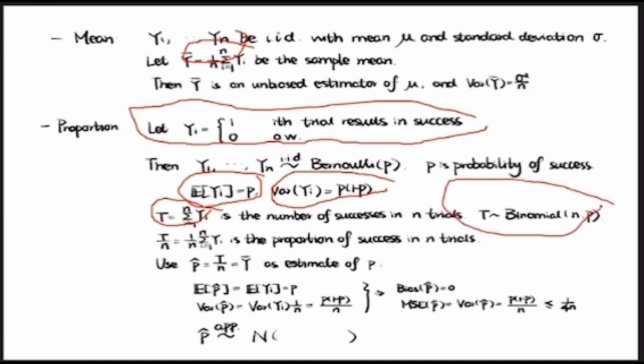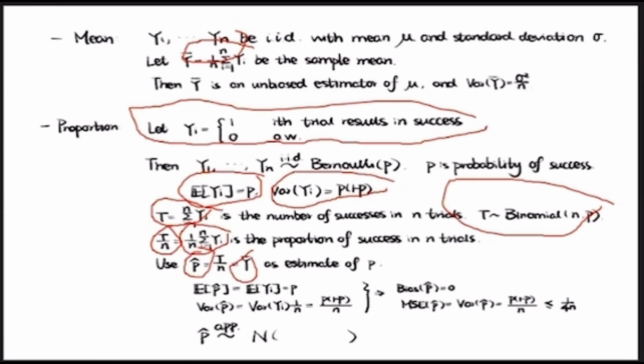If that becomes binomial, what if I'm interested in the average? Sum, that would be sum over n, right? Then, which is going to be this guy, which means, do you know that P cap is the same thing as Y bar? P cap is the same thing as Y bar. So if sample mean is an unbiased estimator, then P cap is also going to be an unbiased estimator because they're equal to each other.